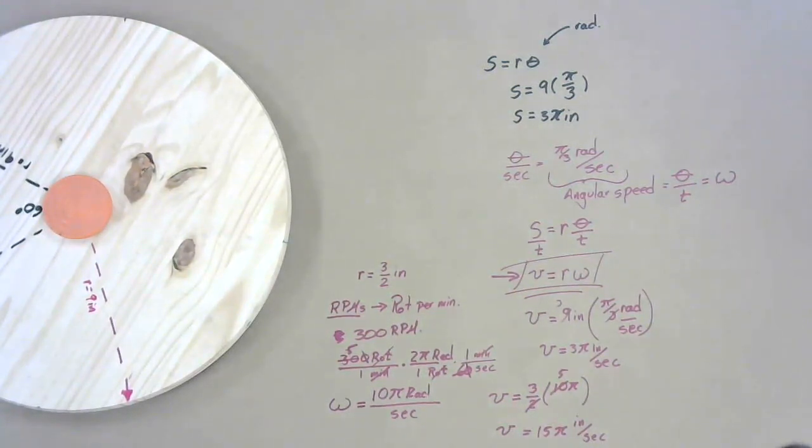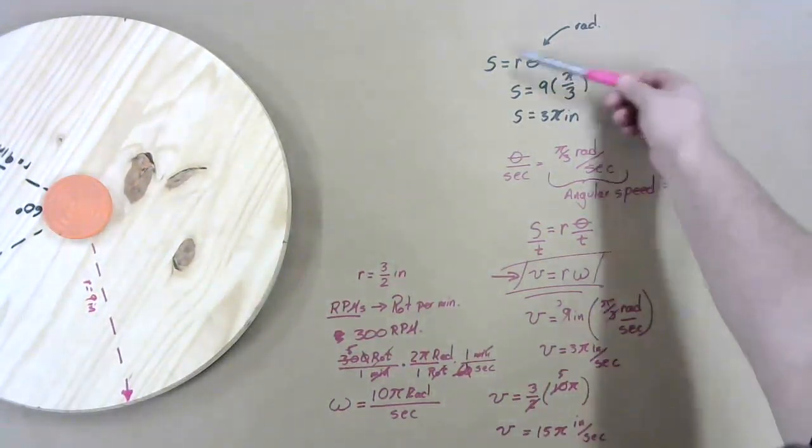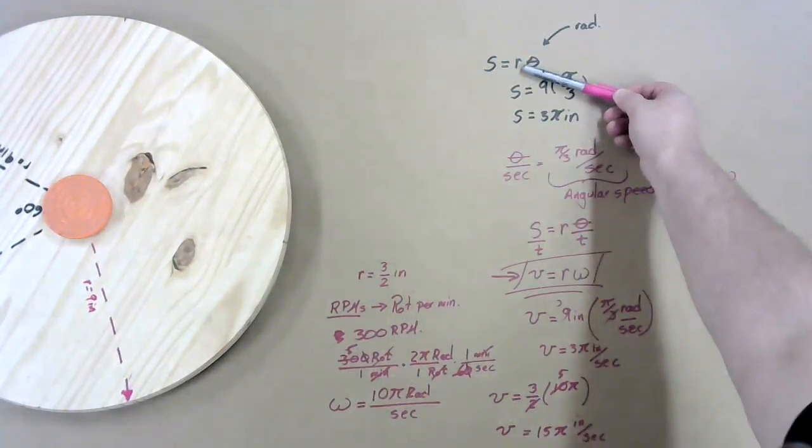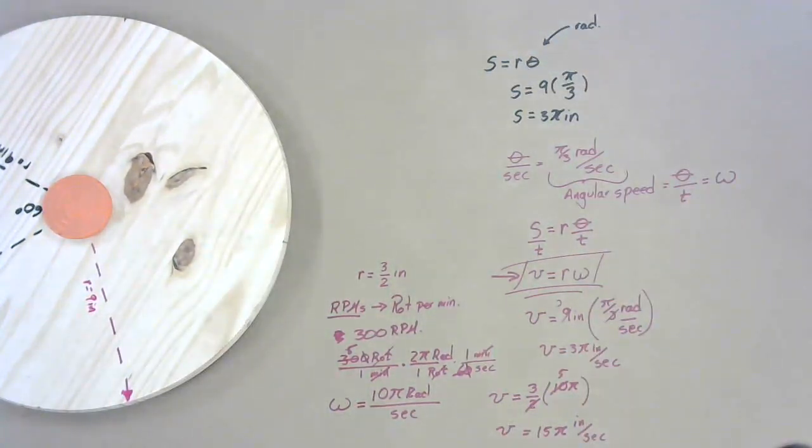So we get a very nice relationship between our rotational speed and our angular speed coming from this very nice relationship between arc length and radius that came from our definition of radius. So these are some of the reasons why we like working with radians, because it makes a lot of these calculations surprisingly nice.